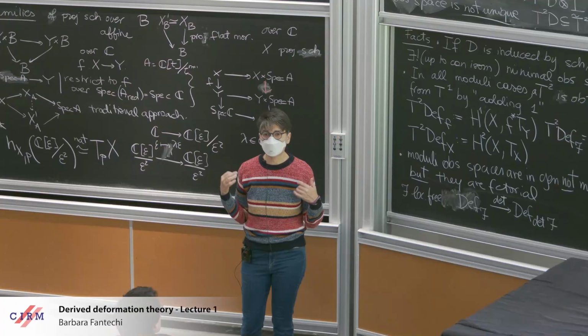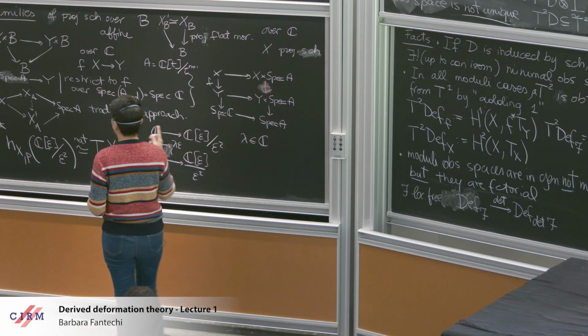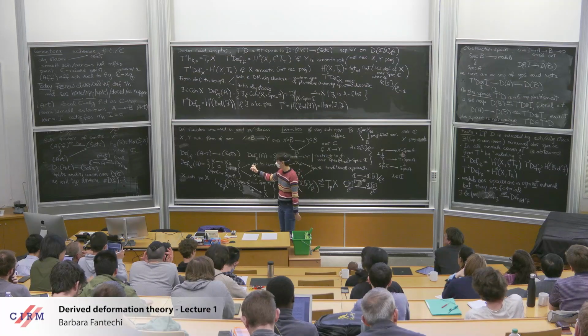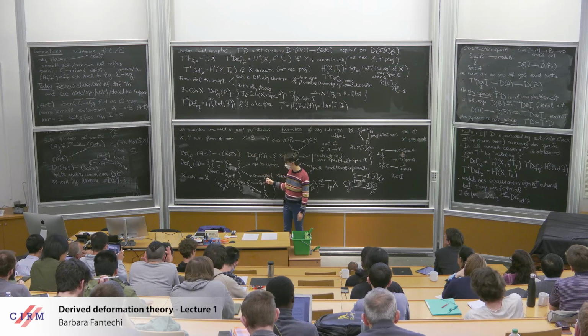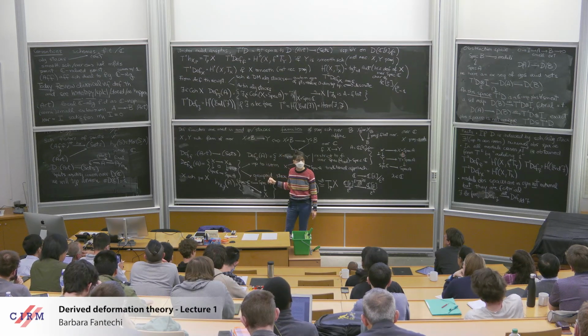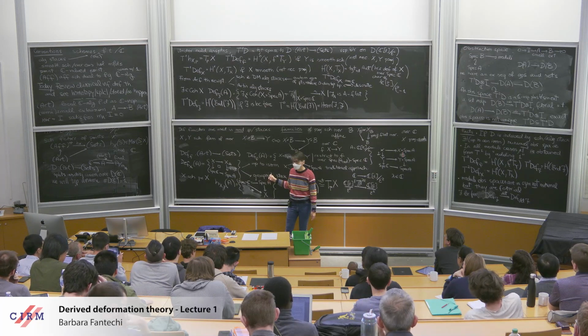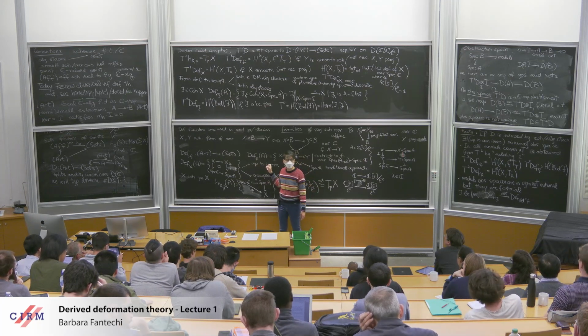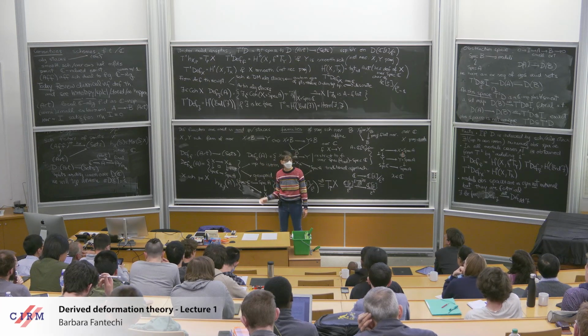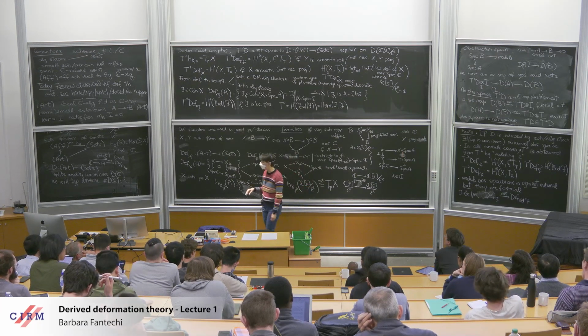Here we had a small higher category contribution, but actually deformation theory was able to say a lot, even working up to isomorphism. And we will say something about that.